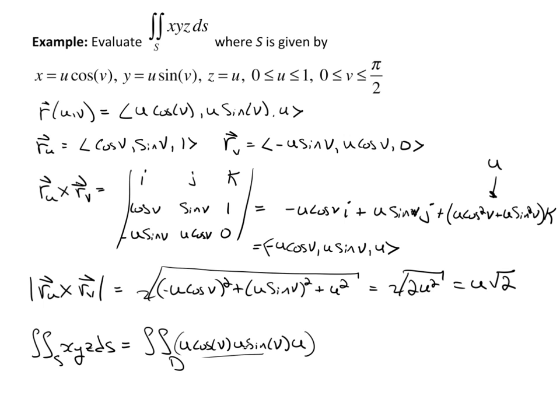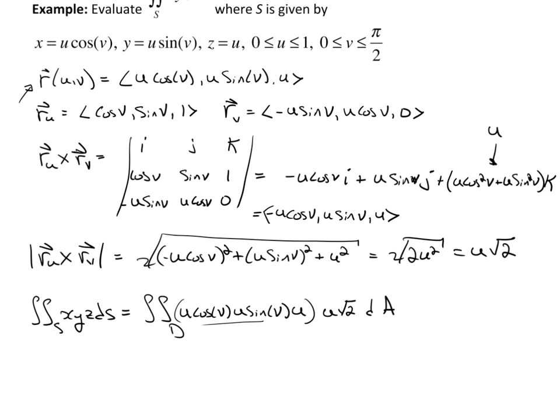This right here is my f of the vector function, times the magnitude of the cross product, which is u root 2 dA.